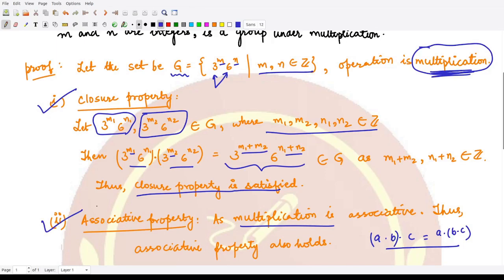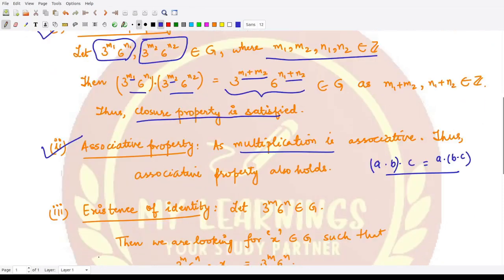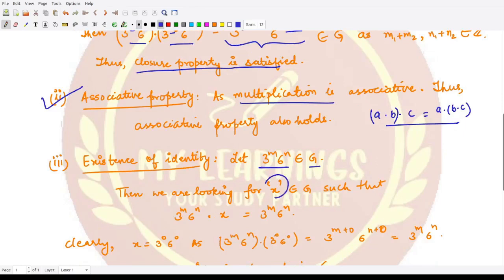Let's move on to the third property, which is the existence of identity. Let's take some arbitrary element 3 raised to power m, 6 raised to power n from G. For this property, we are looking for some x which is a member of G such that when you multiply this x with it, you get back the same element. Can you think of any such element?